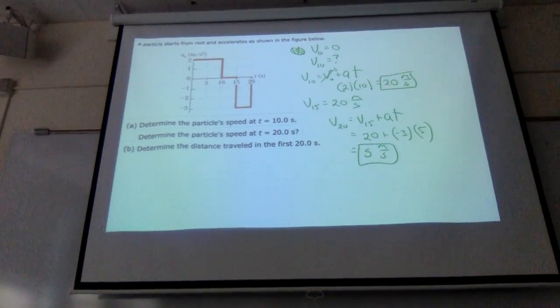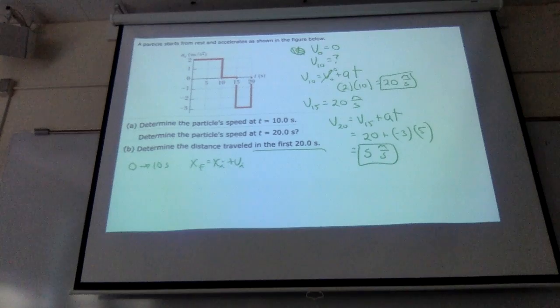If we want to answer this last question, and there's just enough time to do it and still let you out a minute or two early, how far did we travel for this whole thing? Okay, so to do that, we're going to follow the same sort of procedure. We're going to say, first of all, between 0 and 10 seconds, we can use our first kinematic equation.